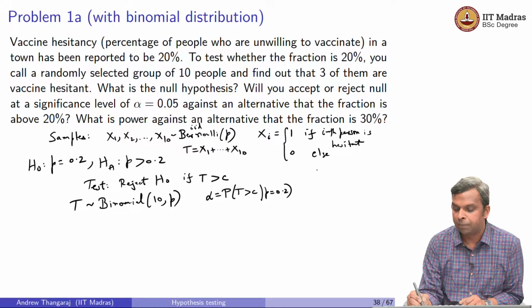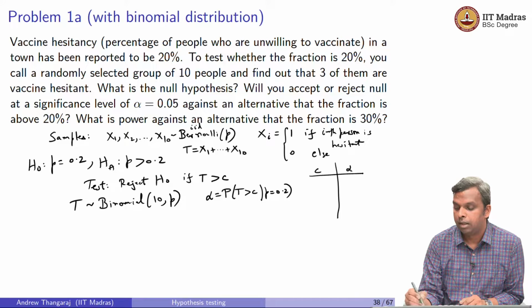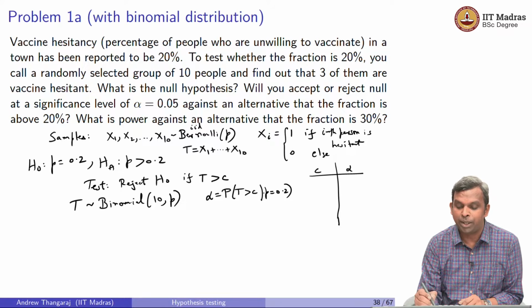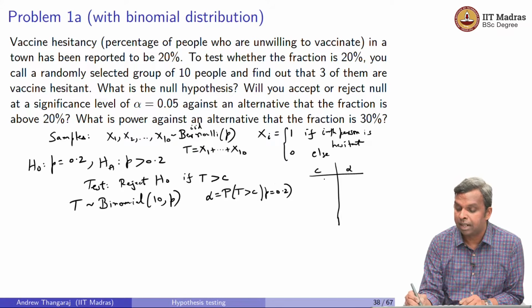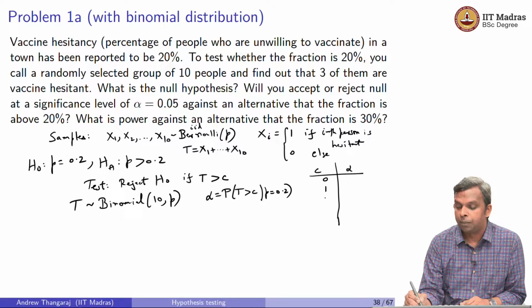You can make a table of c and alpha. We'll look at a few possible values for c. You're imagining p is 0.2, so c is going to be 2, 3 or something like that. So c could be 0, which is always rejecting, or 1, 2, 3, 4, 5. I'll stop somewhere here, at 6.